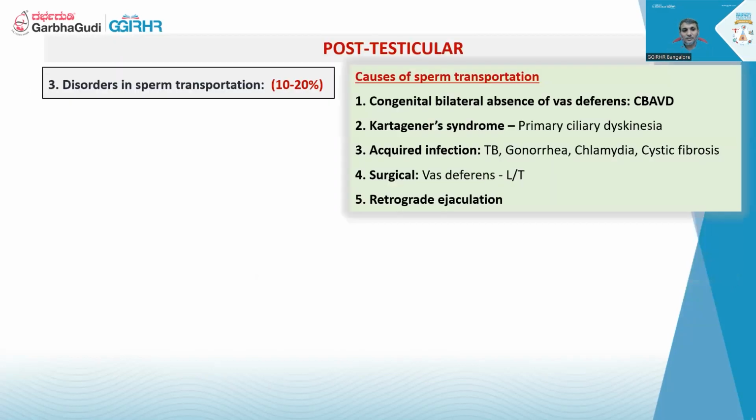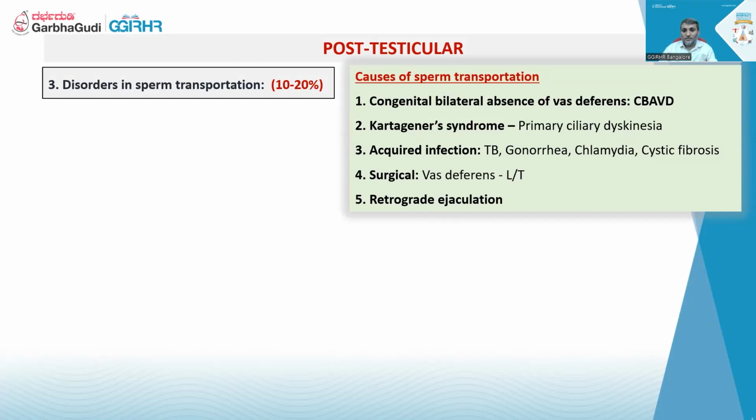Post-testicular causes account for 10 to 20%. They can be due to congenital bilateral absence of the vas deferens, and Kartagener syndrome, an autosomal recessive genetic disorder where there is a problem in the cilia.